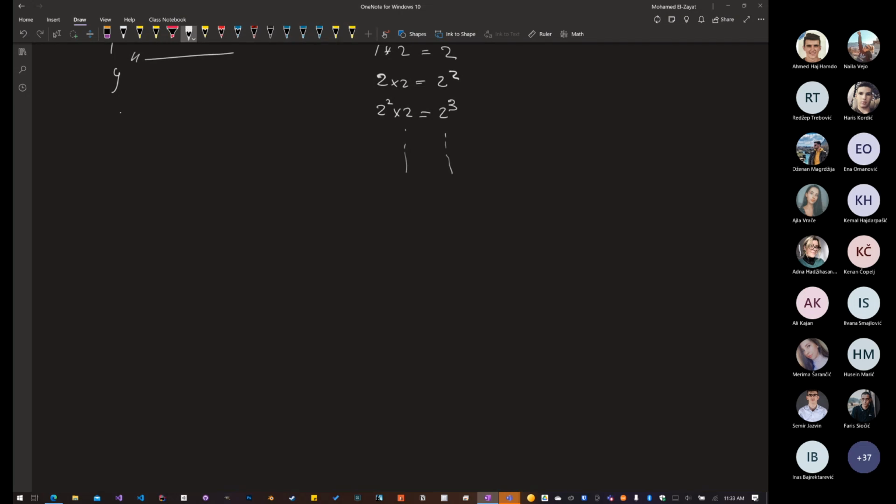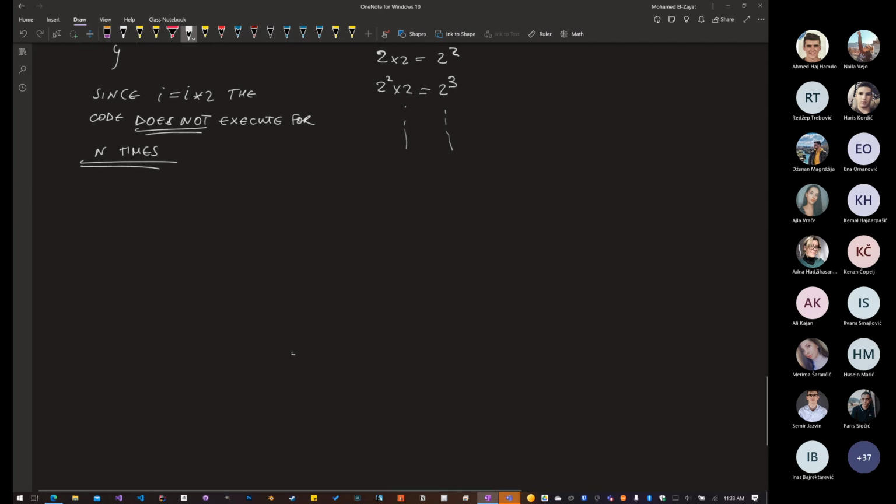Let me actually write this into words, so you guys can remember this. Since i equals i times 2, the code does not execute for n times.